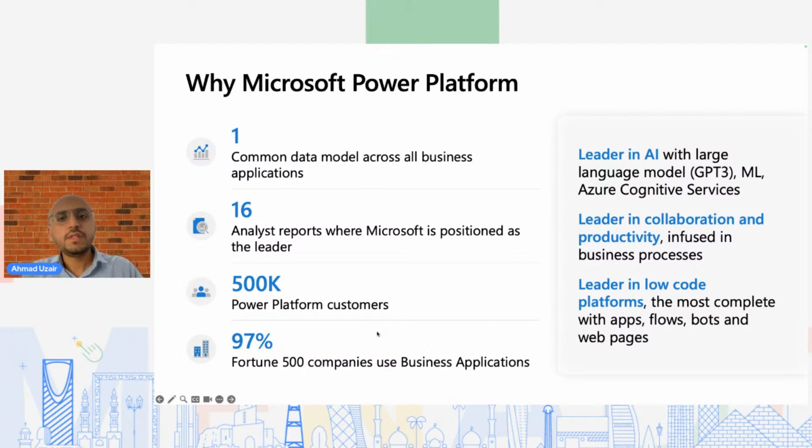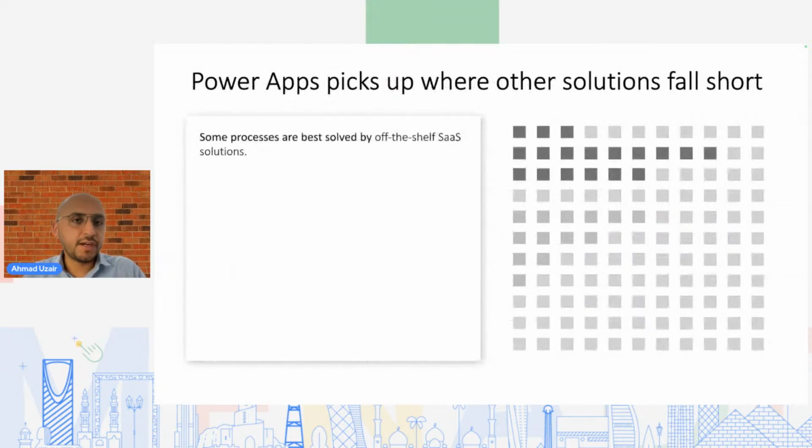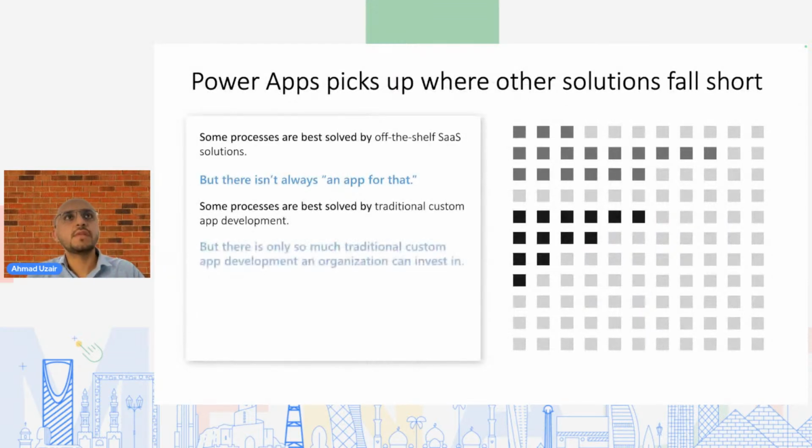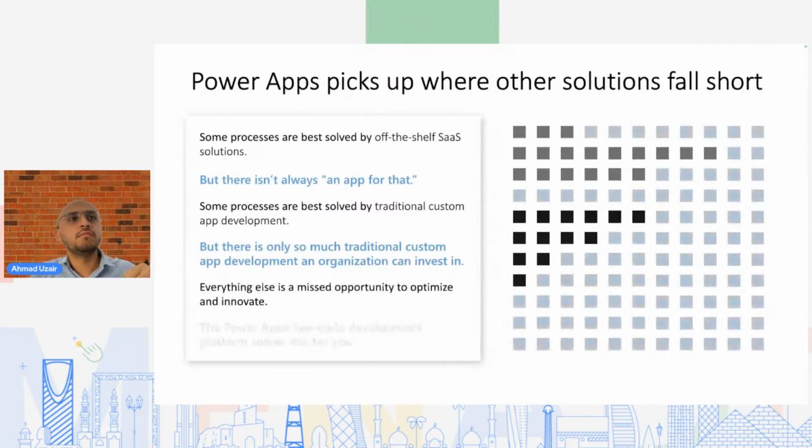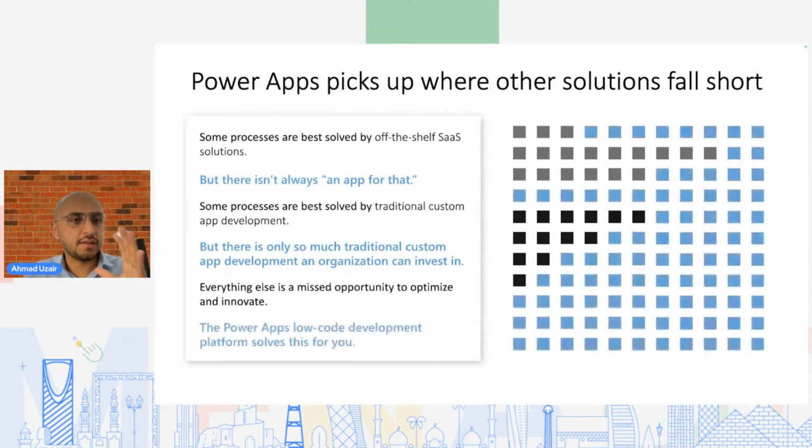So we'll start with Power Apps, and see what it is, diving deeper into it. Power Apps picks up where other solutions fall short. Let's say I want to build my own custom CRM for an immigration consultancy.